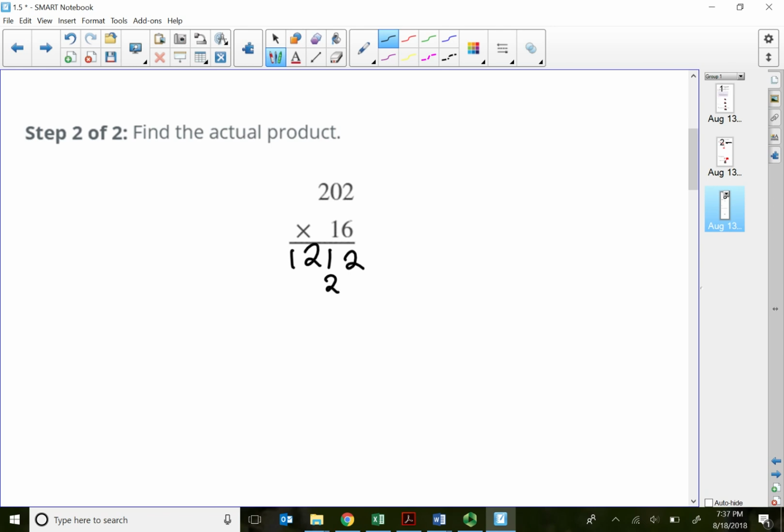Put it below the 1, being on the tens place. 1 times 0 is 0. And 1 times 2 is 2. All right, we will add. So that's 2, 3, 2, 3. Okay, so the actual product is 3,232.